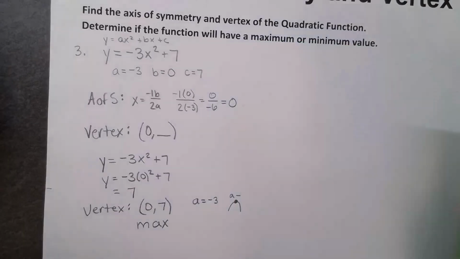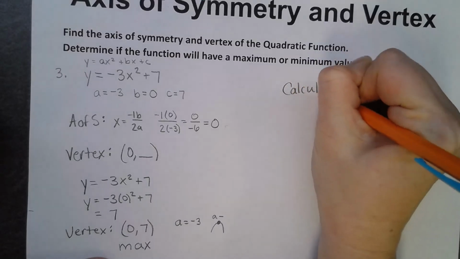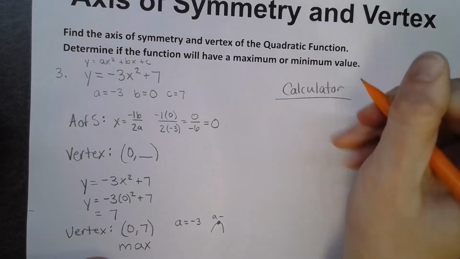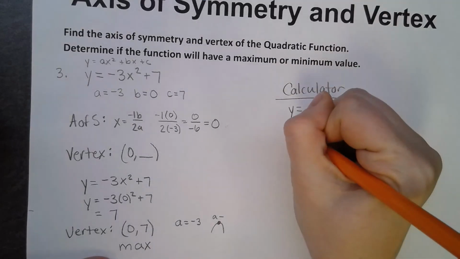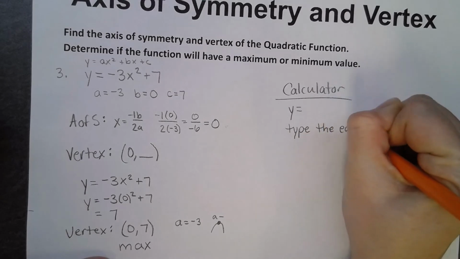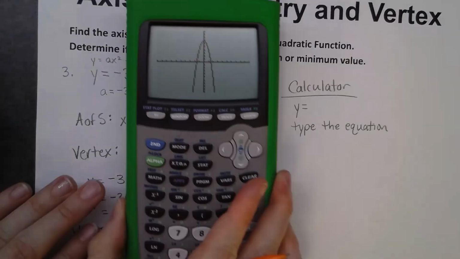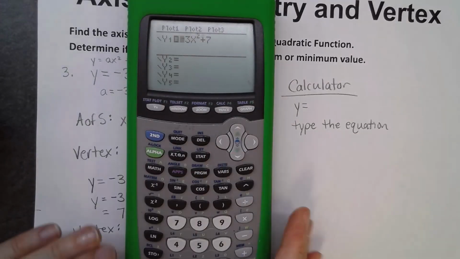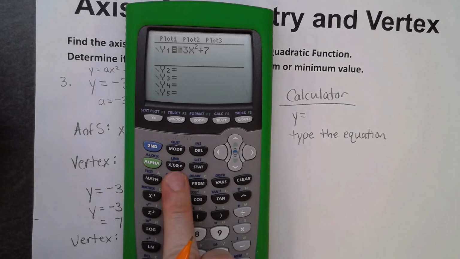So let's write down those steps for the calculator. So you'll hit y equals, type the equation. If you need to make the note when you're typing your equation in y equals, underneath the mode key is where you can find x.